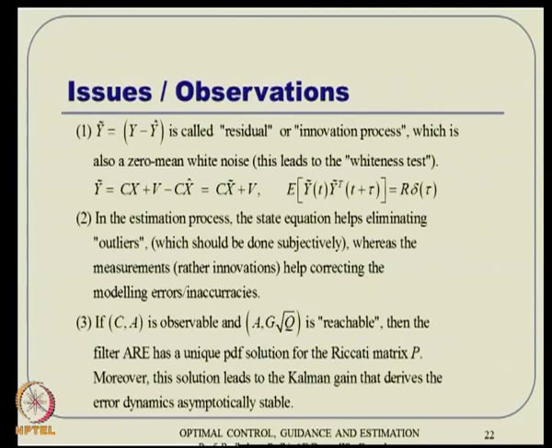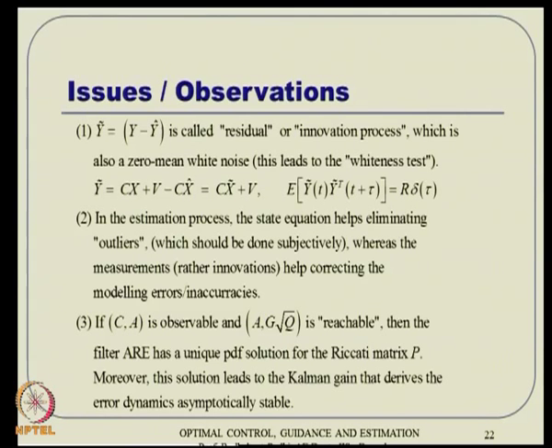So in other words, if you implement a filter and say the filter is working, you also need to do a few tests to validate your result, so that you are not misled. The first result tells us that the residual also needs to be a zero mean white noise. What you can do is generate this residual for a large number of samples and find the mean value of that, and that should go to 0.